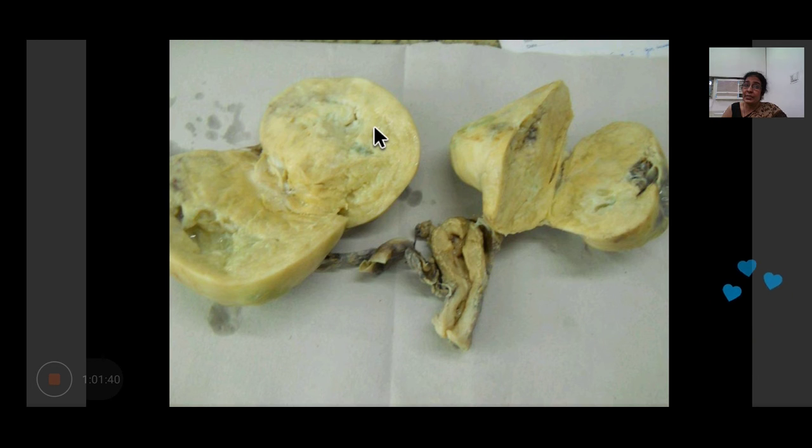epithelial tumors are CA125 levels. For the yolk sac tumors, it is alpha fetoprotein and alpha-1 antitrypsin.